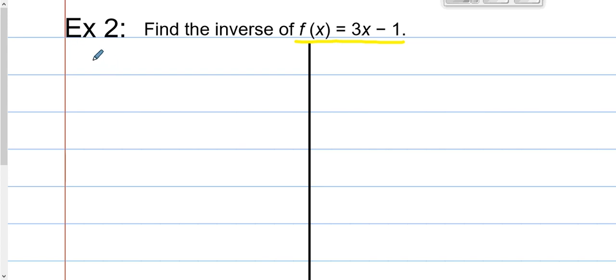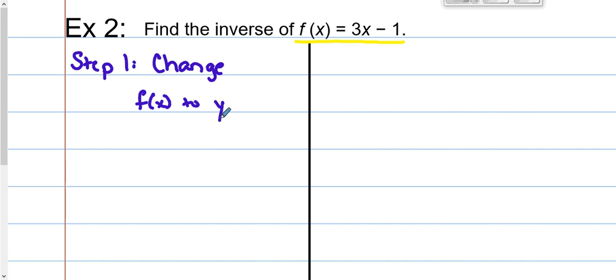The first step, step 1, we are going to change f of x to y. So let's go ahead and do that over here. If I have f of x equals 3x minus 1, I'm changing that to y equals 3x minus 1.